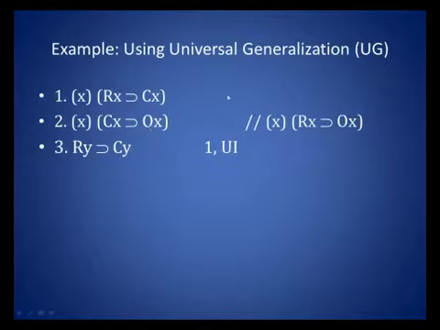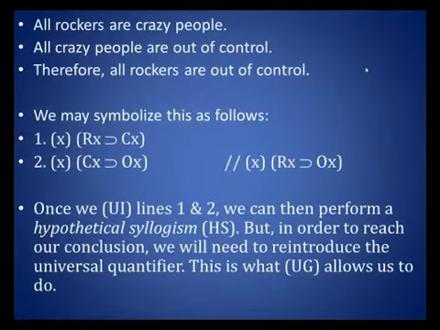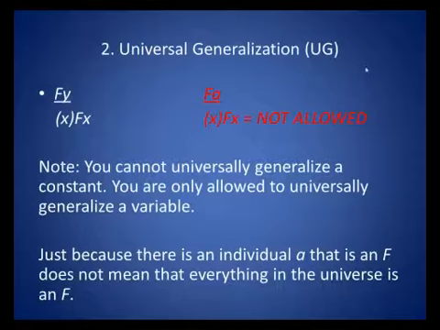And why? Because ultimately my conclusion is a universally quantified statement. And remember, when we're using UG, and I'll back it up just for a second, we're not allowed to go from a constant to a variable. We have to go from a variable to a variable.